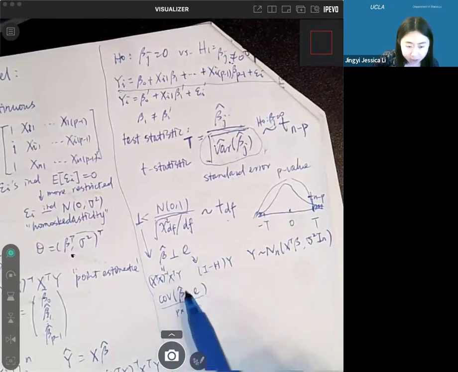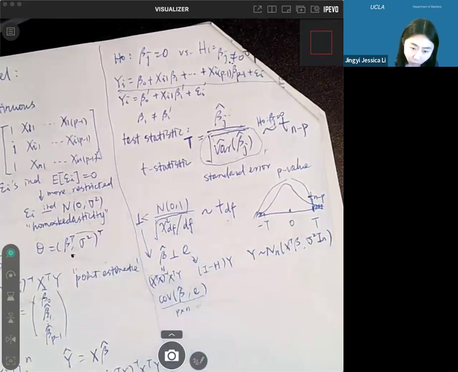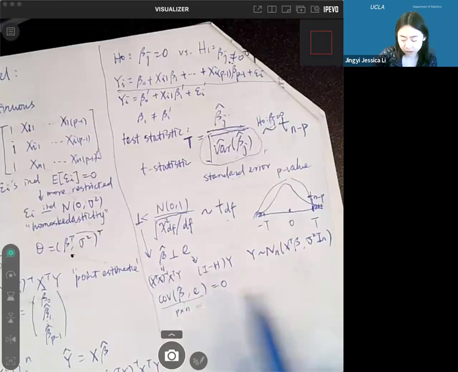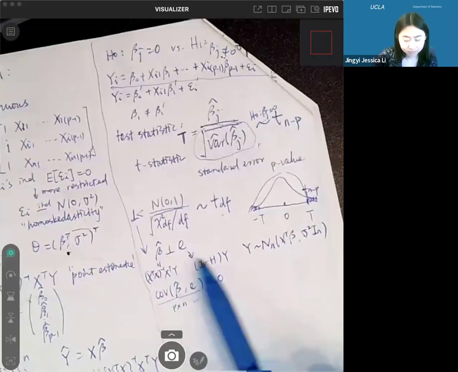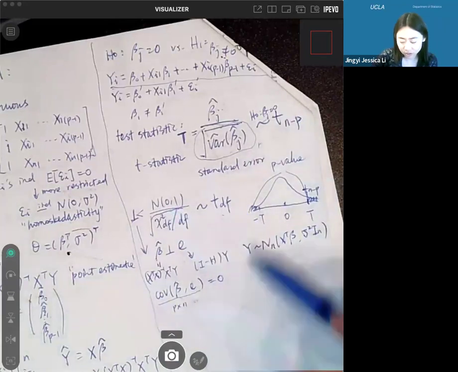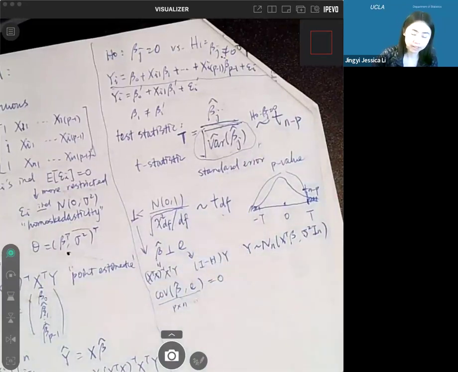Together, we get a very nice cancellation when we calculate the covariance, and we can show that it's 0. This is because of the form of H. I think it's a very nice coincidence and a very interesting result to know. I will skip the derivation because it's in the previous lecture recording.